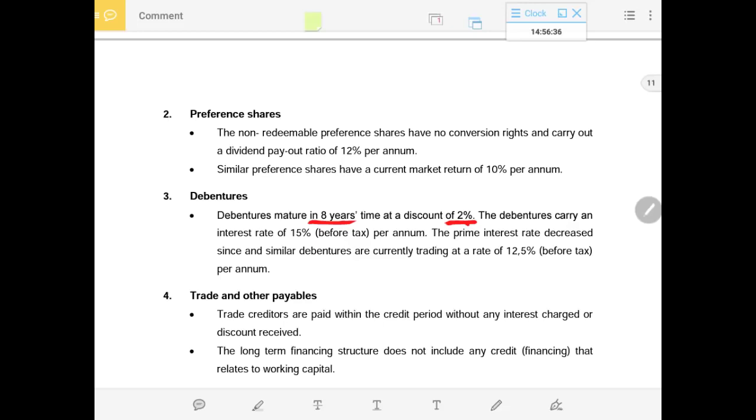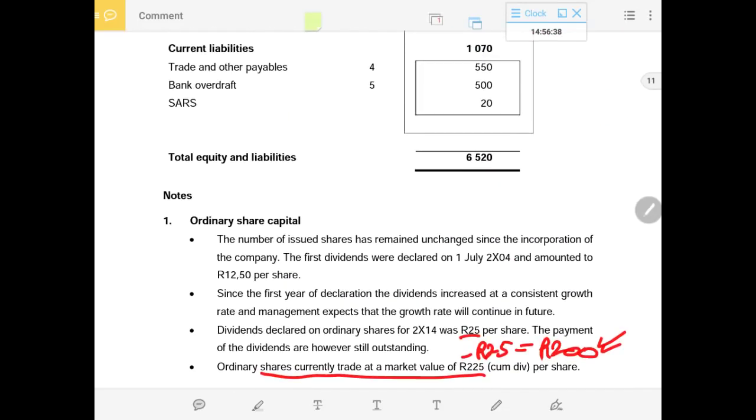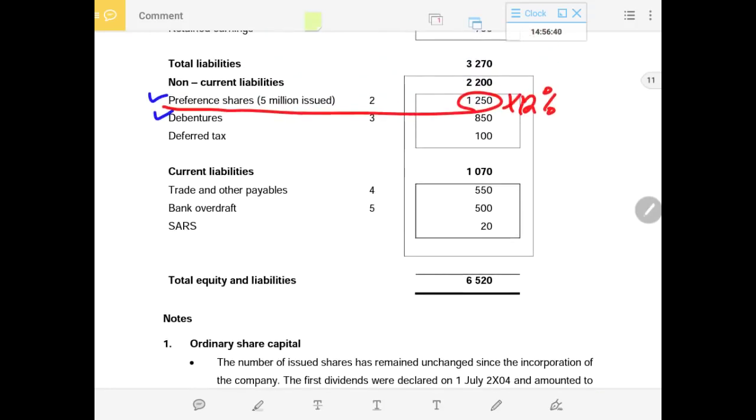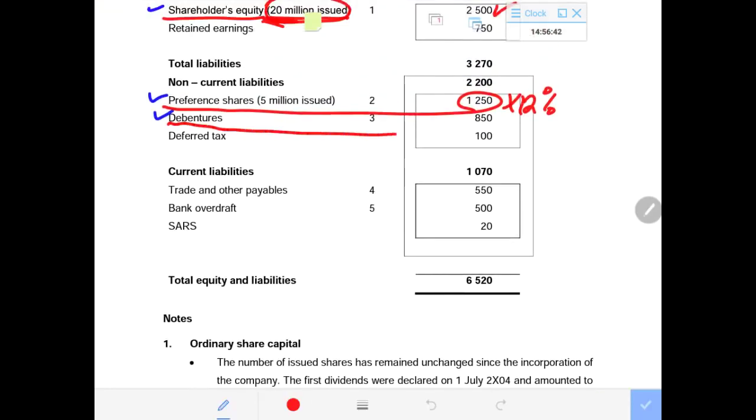So meaning in this case, under our debenture capital, meaning the amount of the debenture, which is 850,000, we have to deduct 2%, meaning only 98% will be a future value payment or redemption to the debenture holders.